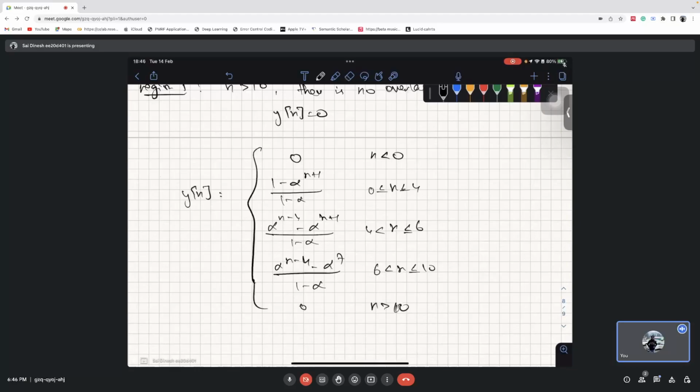So this is the final result. This is y of n when x of n is convolved with h of n.